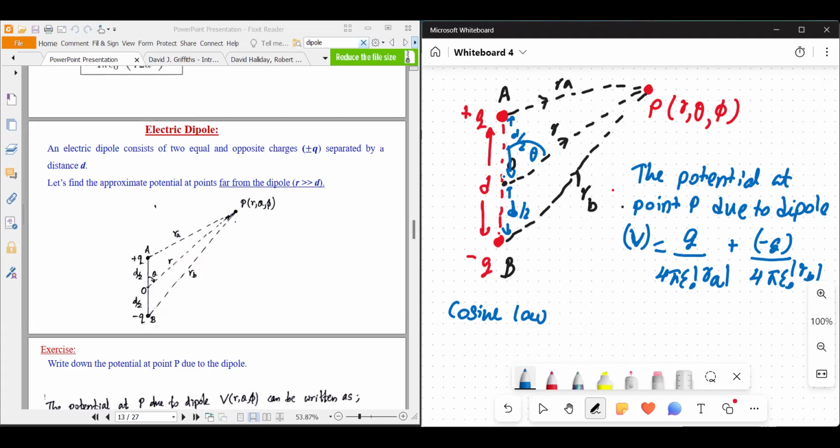If I consider this OAP triangle, then RA squared is equal to R squared plus (d over 2) squared minus 2 times R times d over 2 times the cosine of this angle, cos theta. The same we can write for the RB length.